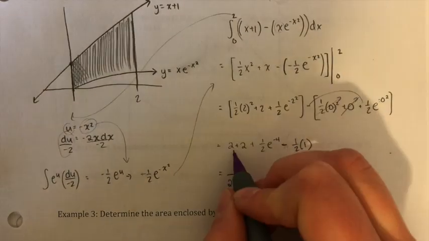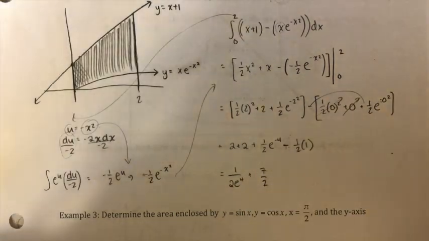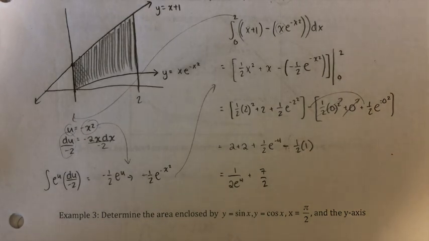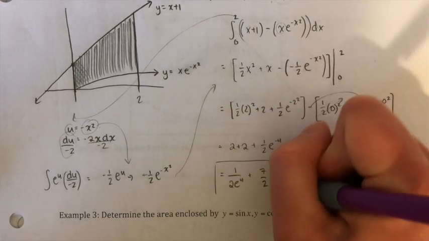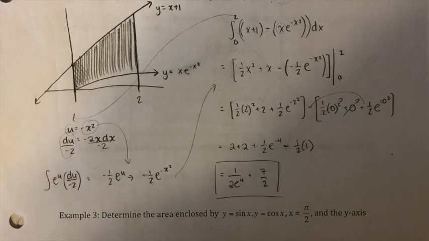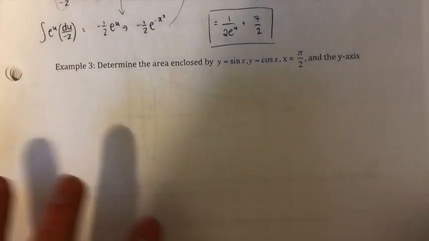Let's fix that. So 8/2 minus 1/2 is 7/2. Okay, so there's our area.